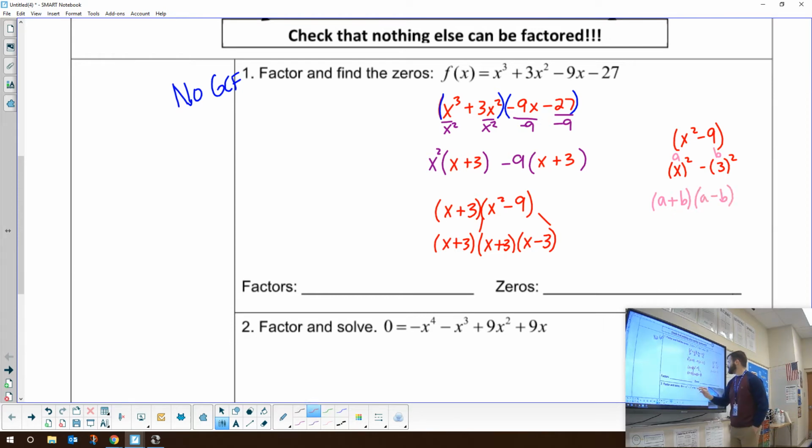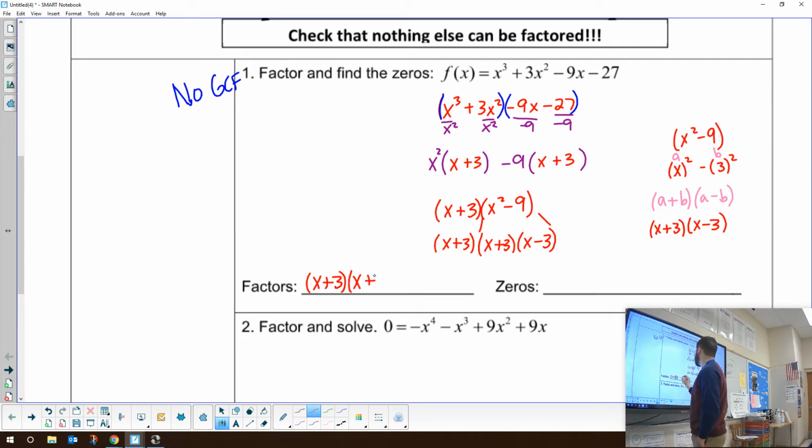So that's how we can write it out as x plus 3 times x minus 3, like that. Okay? So my factors are going to be x plus 3 times x plus 3 times x minus 3. We could write this instead as x plus 3 squared, but it doesn't hurt to write it out either.